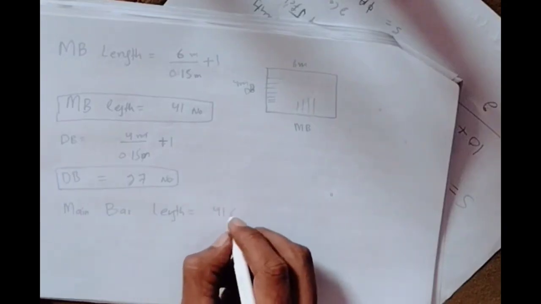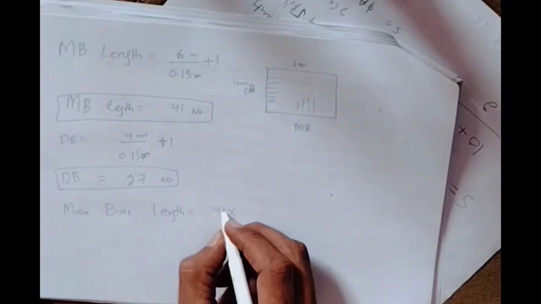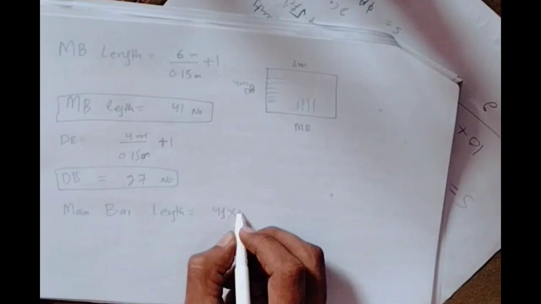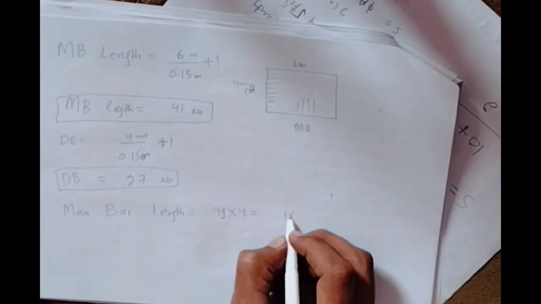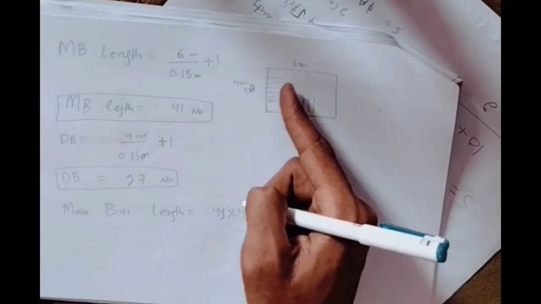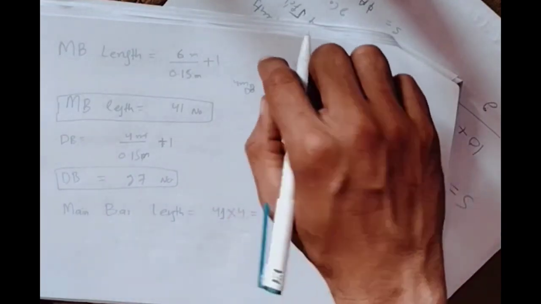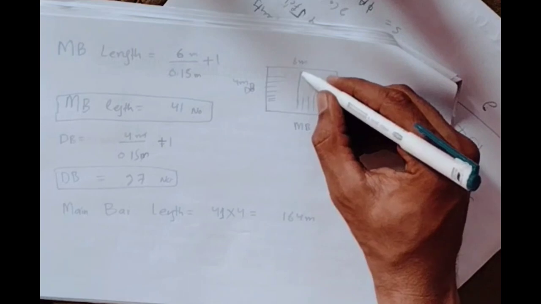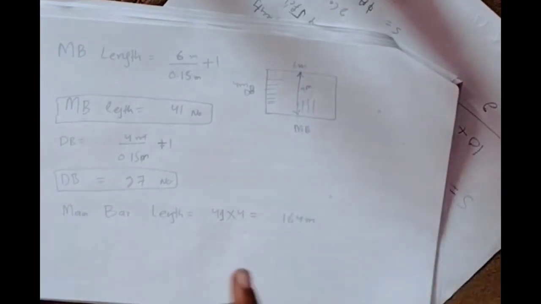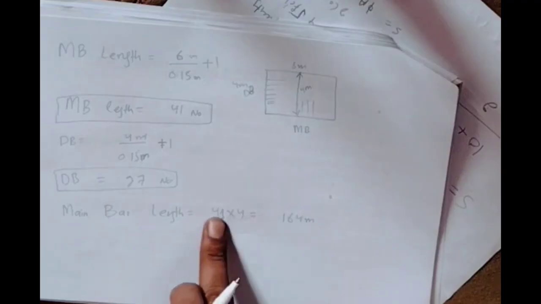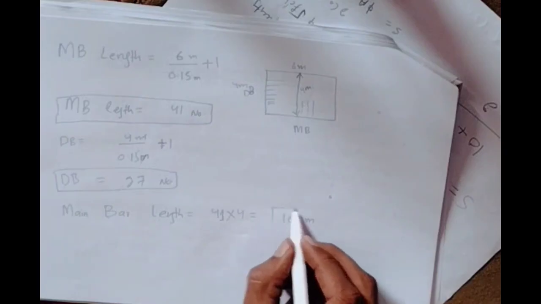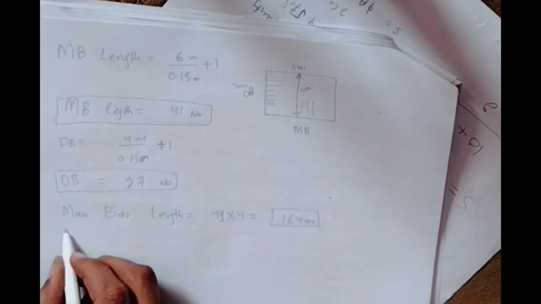So 41 is the number of bars and the length is 4 meter, so 41 times 4 is equal to 164 meter.